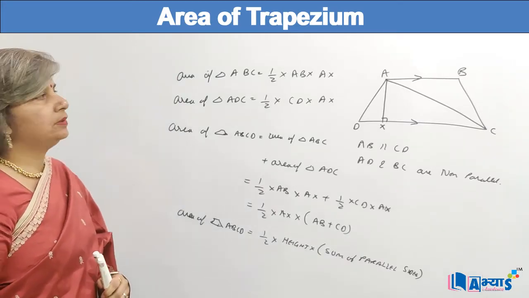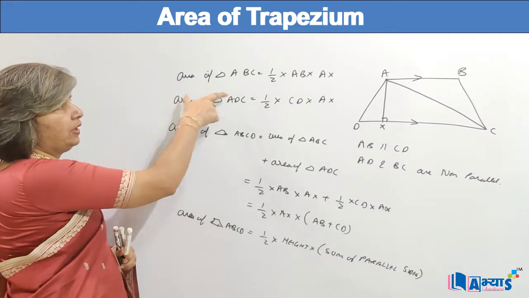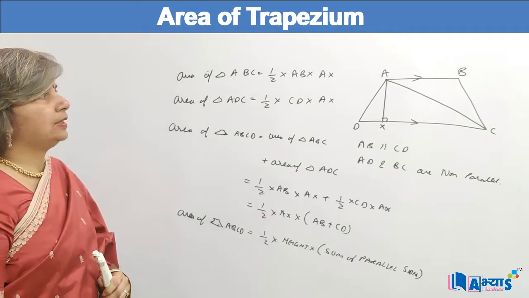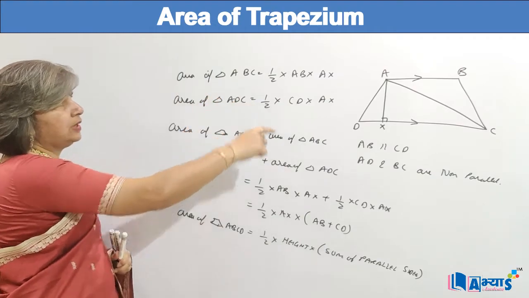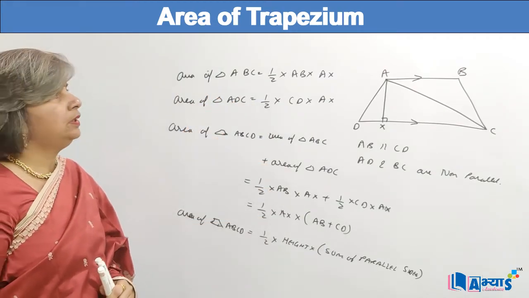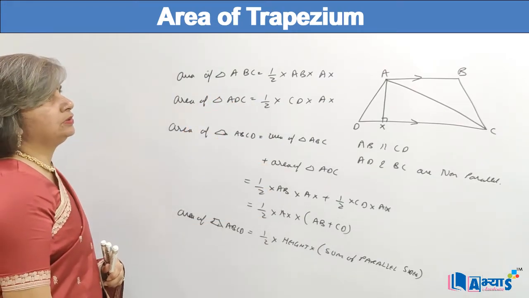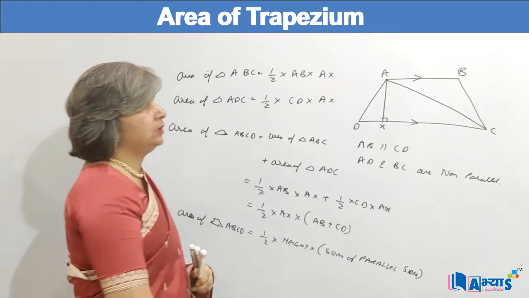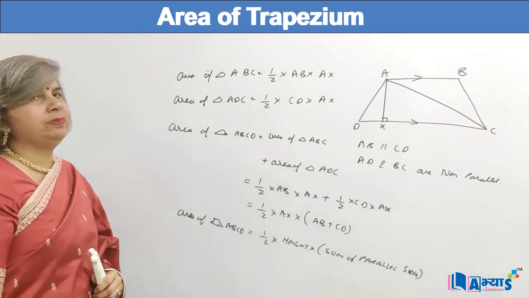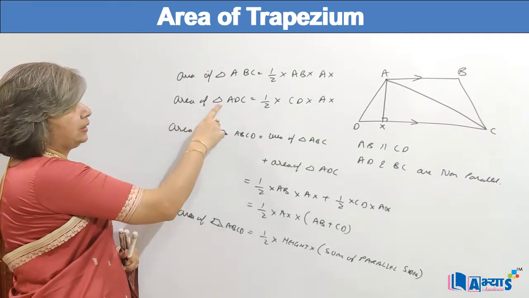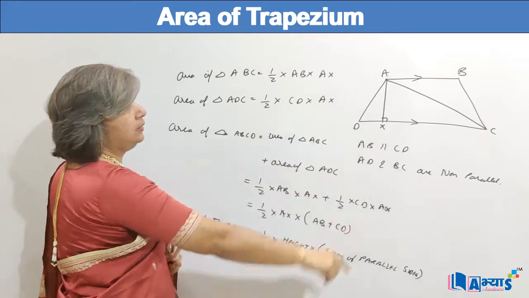To sum up, we can discuss it again. We have divided the trapezium into two triangles ABC and ADC. Now the area of triangle ABC is half into base, which will be AB, and height will be AX, because AB and CD are parallel. So the distance between AB and CD will remain the same. The height will be AX, and the area of triangle ADC is half into CD into AX.